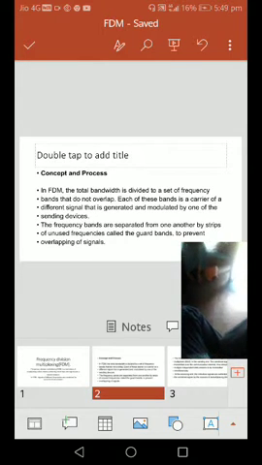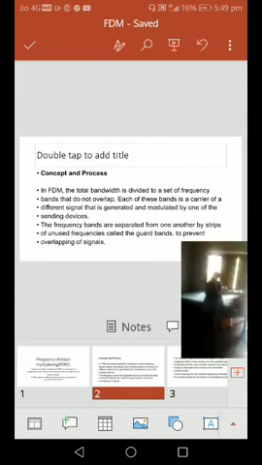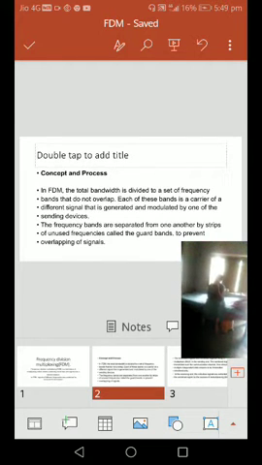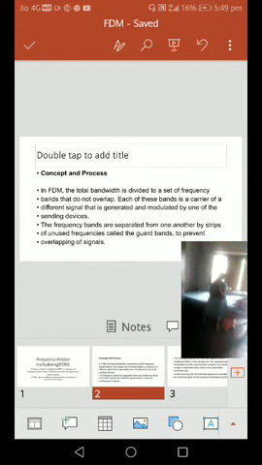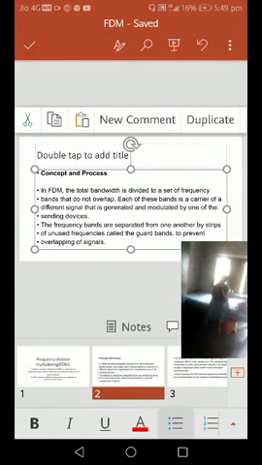Now, how does the process of frequency division multiplexing work? In FDM, the total bandwidth is divided into a set of frequency bands that do not overlap.